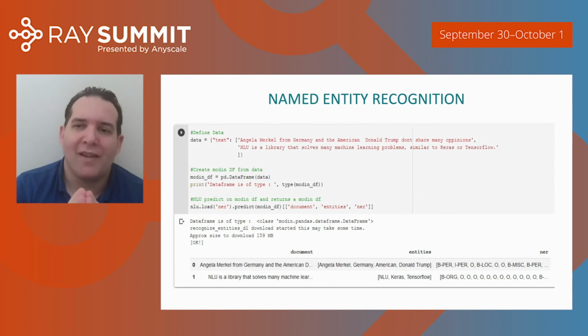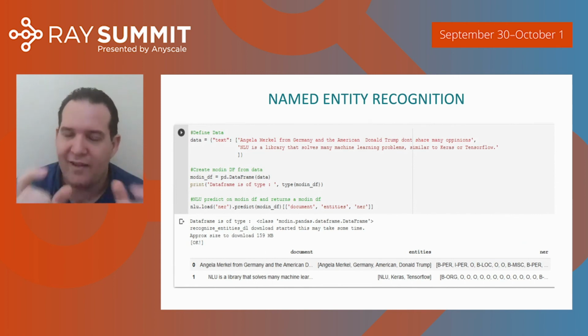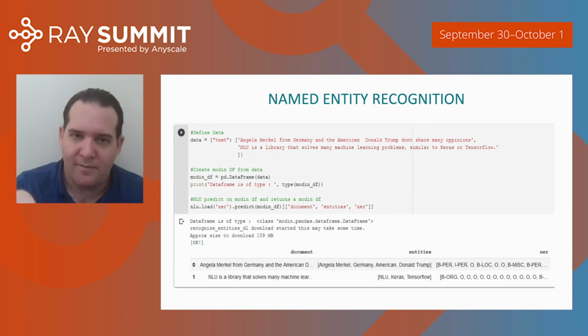The goal is to identify named entities. In this case, to identify that Angela Merkel is a person, Germany is a country, Donald Trump is a person, and American here is not a country, so usually under CoNLL, this would be a miscellaneous entity, but you do want to identify it.